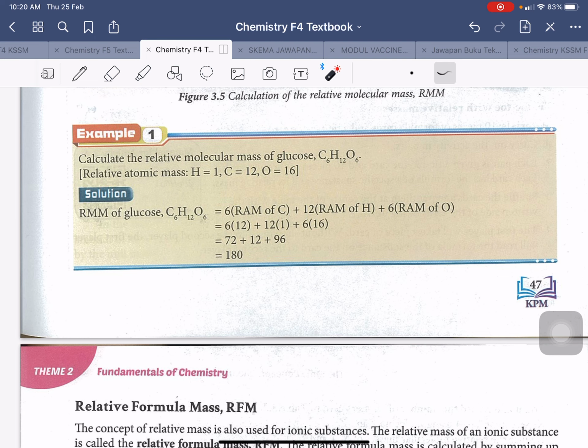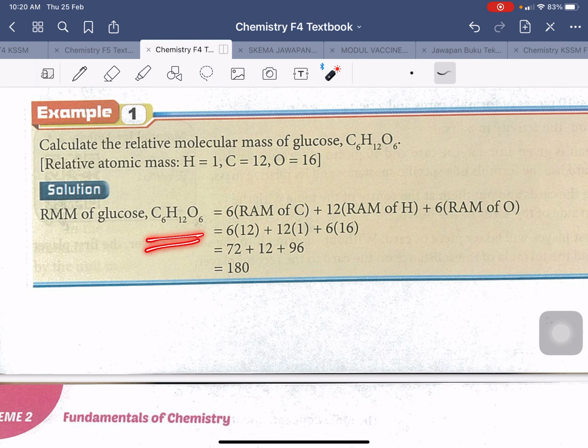So RMM of glucose macam mana mau cari? Look at this one. Formula memang sudah diberi. C6H12O6. So ada 6 biji C, this is the explanation. Okay. 6 darab dengan berapa RAM of C?